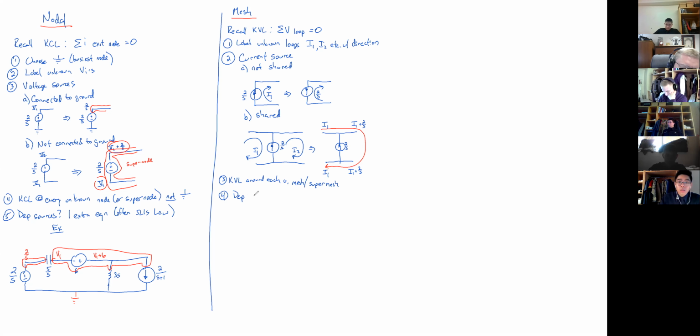And if we've got dependent sources, it's the same thing, one extra equation, usually Ohm's law. And then it's a matrix solve.